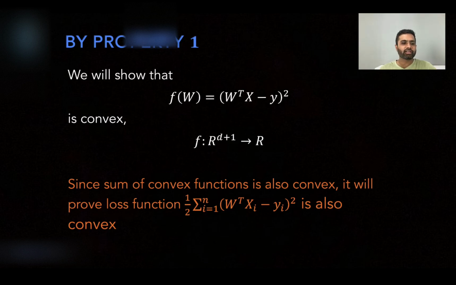So this will ultimately prove that the sum over i equal to 1 to n of (w transpose xi minus yi) square, which is the least square loss function when you have n data points, is also a convex function.